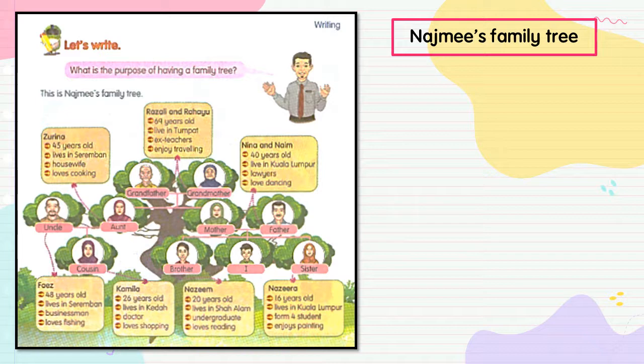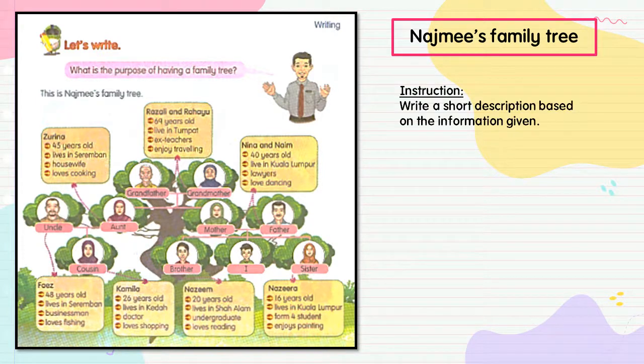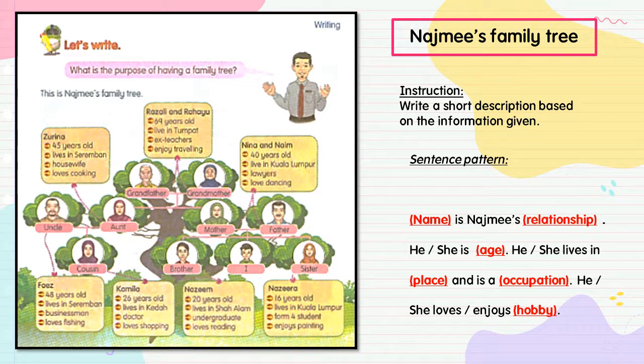Now, I would like you to write a short description based on the information given. These are the sentence patterns. As you can see, the name, relationship, age, place, occupation, and hobby are given in the family tree.